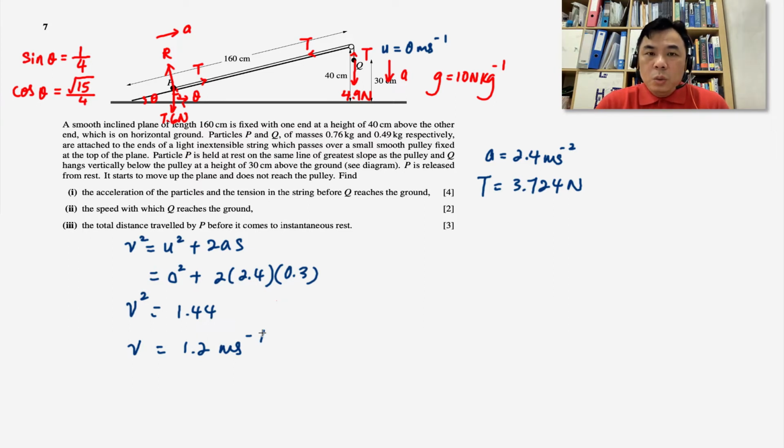Do remember that because they are attached to the inextensible string, when Q reaches the ground with a speed of 1.2, P would also achieve the same speed when P has moved 30 centimeter up the slope. That is the understanding at this point. So I'm going to pause here for the second question. You can organize your thoughts and cross-check your answer there. I'm going to move on to the third one shortly.